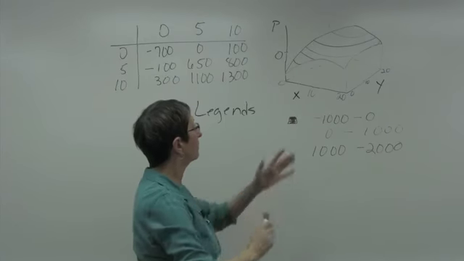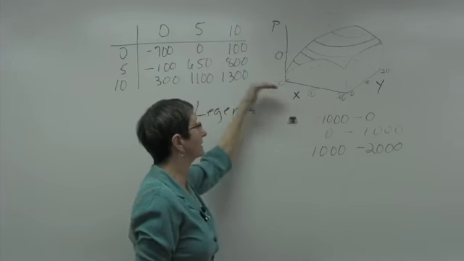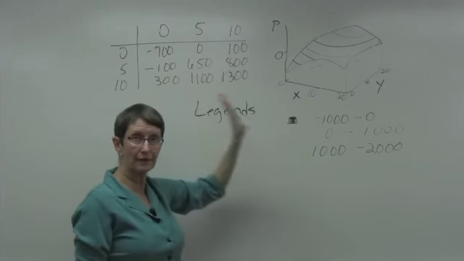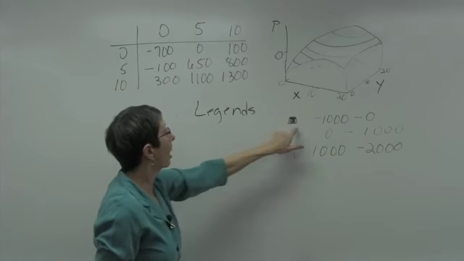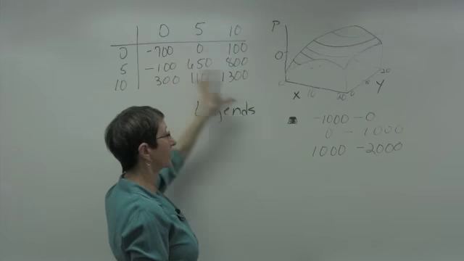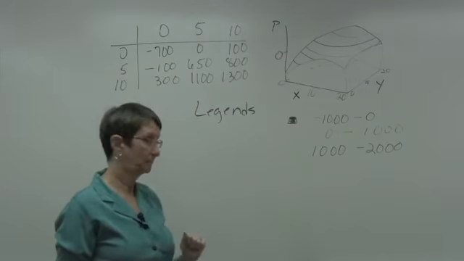And as we saw before, those numbers could be on the back or on the top, but this is the general position. X is horizontal, and that's generally what we look at. All the numbers for the functions in here that are between -1000 and 0 will have this color.